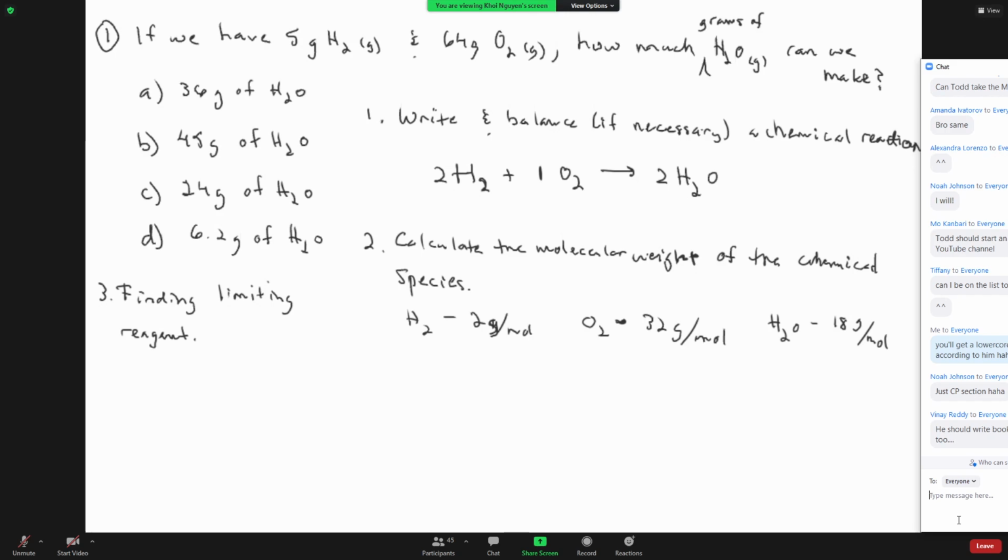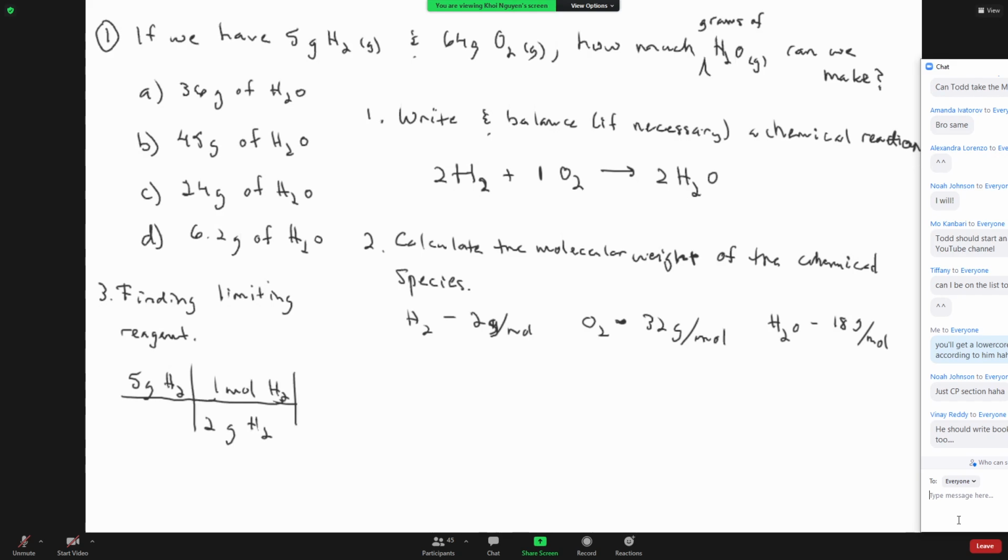So, all right. Now we have to start with what we're given. To find the limiting reagent, we have to look at from the grams of hydrogen and from the grams of oxygen, how many moles of the product can we make? Okay. So we have 5 grams of hydrogen. There's 2 grams of hydrogen for every 1 mole of hydrogen gas.